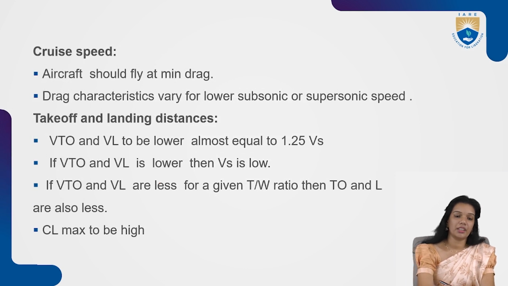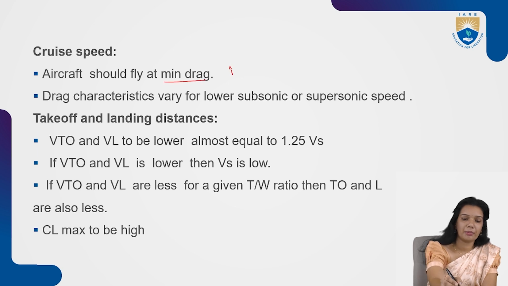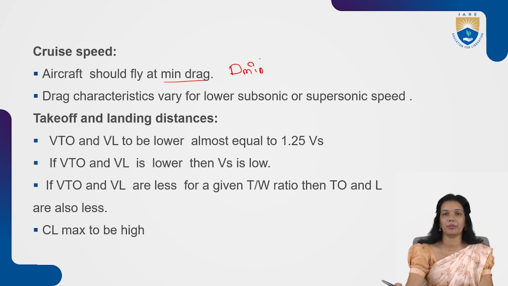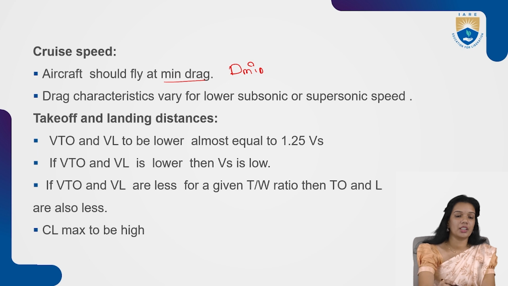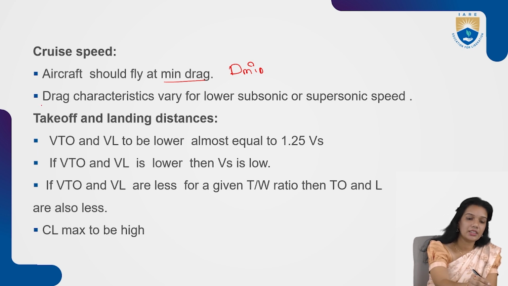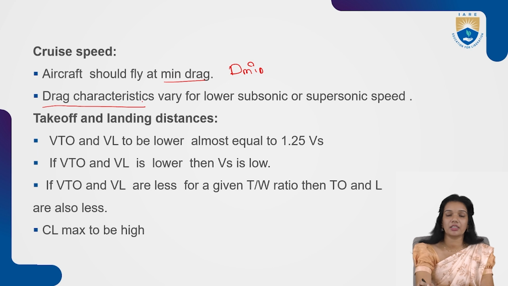In the cruise speed, we expect the aircraft to fly at minimum drag. Why minimum drag? If my drag is minimum, then I expect to get good lift. So the first and foremost requirement is for the aircraft to fly at D minimum, because the drag characteristics are going to vary.